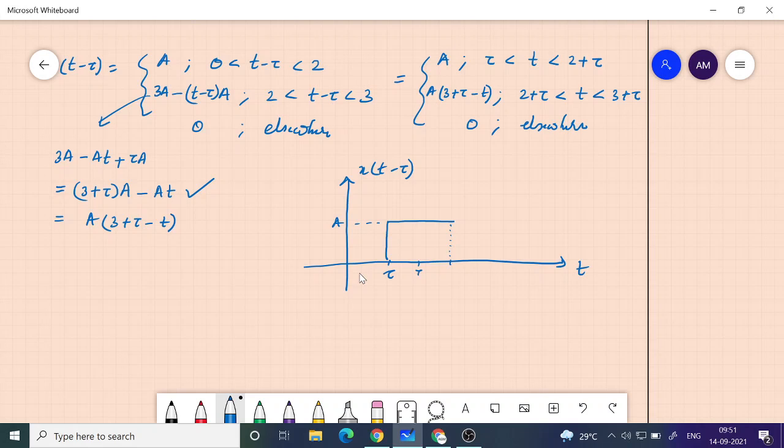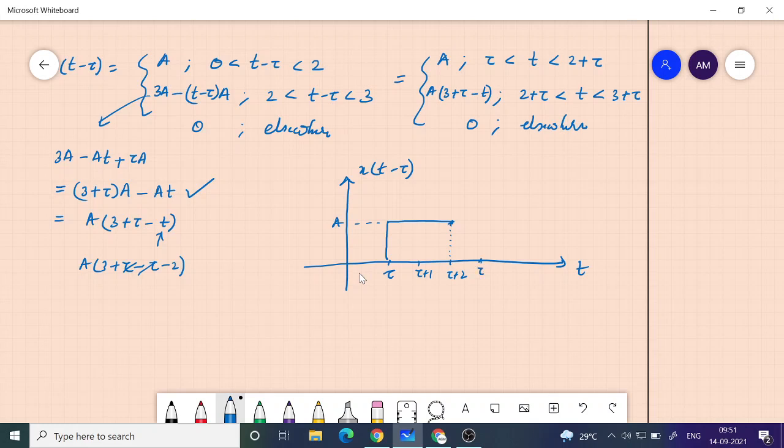So this is tau plus 1, this is tau plus 2. So at tau plus 2, what happens? If you put t equal to tau plus 2, we will have a into 3 plus tau minus tau minus 2. So the tau cancels, 3 minus 2 is 1 into a, so that is a. So this point is like this, and then the other end is basically 3 plus tau, or tau plus 3.